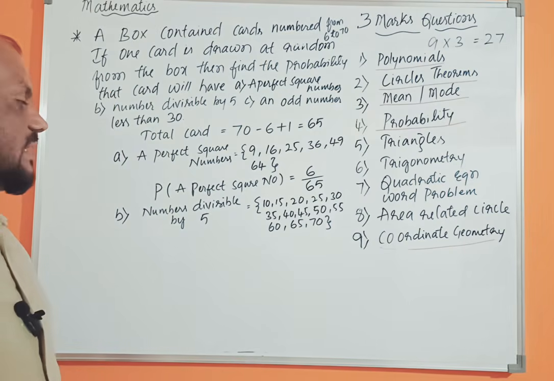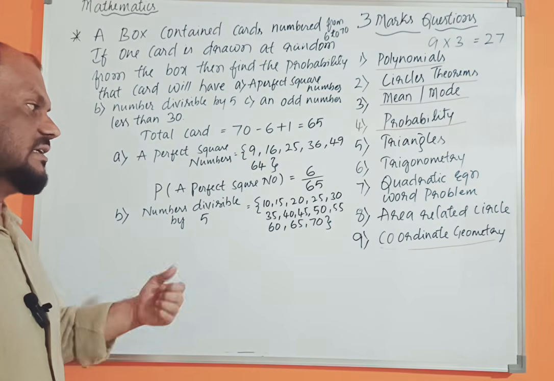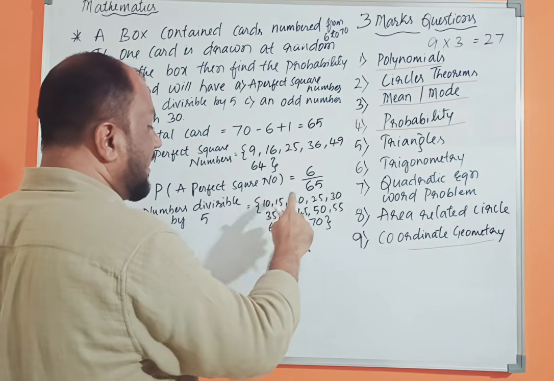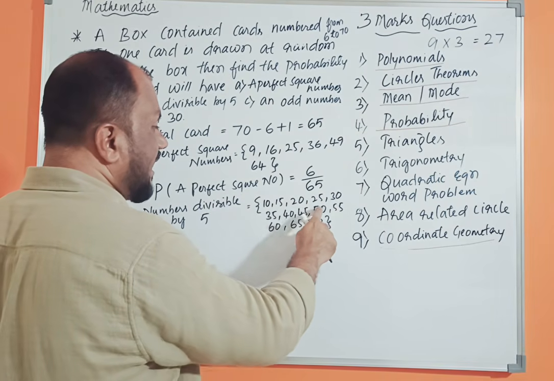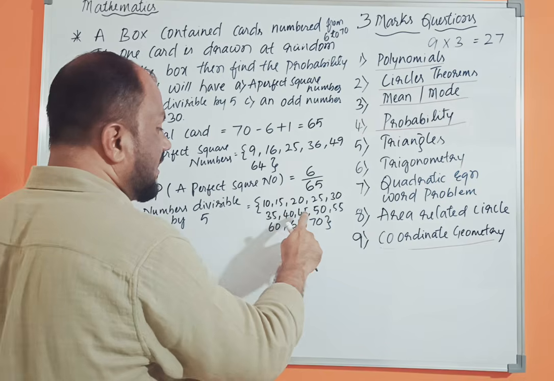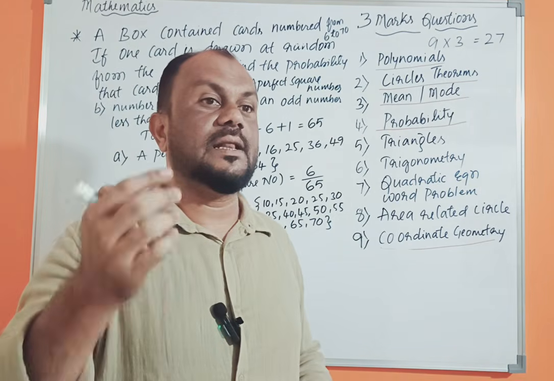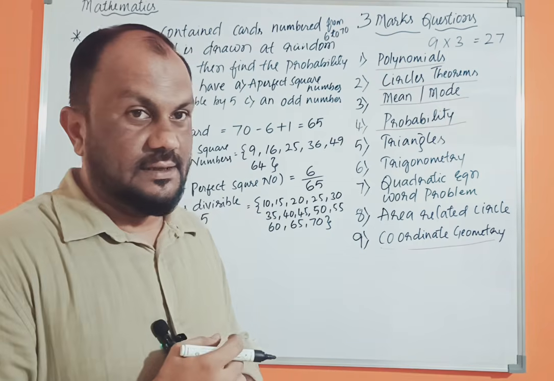Now count how many numbers are divisible by 5: 1, 2, 3, 4, 5, 6, 7, 8, 9, 10, 11, 12, 13. There are 13 cards on which a number divisible by 5 is written.